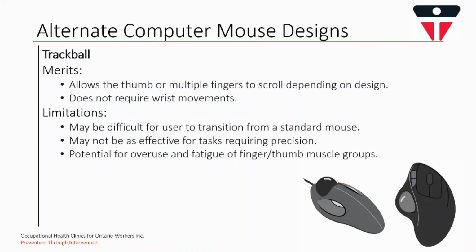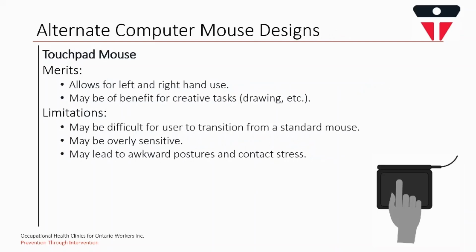The limitations: it may be difficult for a user to transition from a standard mouse, may not be as effective for tasks requiring precision, and there's also the potential for overuse and fatigue of the finger and thumb muscle groups. A touchpad mouse allows for left to right hand use and may be a benefit for creative tasks such as drawing, but it can be difficult, once again, for a worker to transition, may be overly sensitive, and may lead to awkward postures and contact stresses.